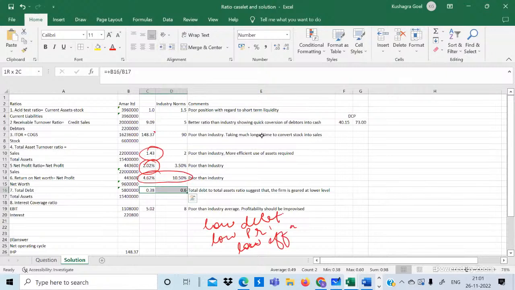My return on equity is lower than my peers. Because DuPont basically focuses on three things: debt, profitability, efficiency. And I'm worse off in all three. So if you have less profitability, less efficiency, less debt, it is but obvious that your return on net worth will be lower than the industry number. So even before doing the calculation, you already know that if my industry is giving a return of 10.5, my answer has to be less than 10.5.